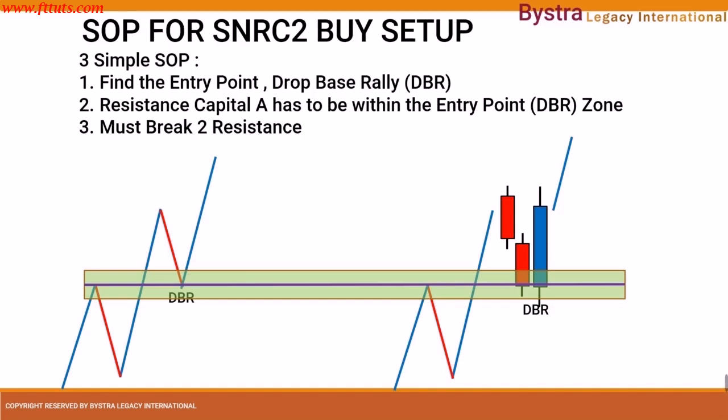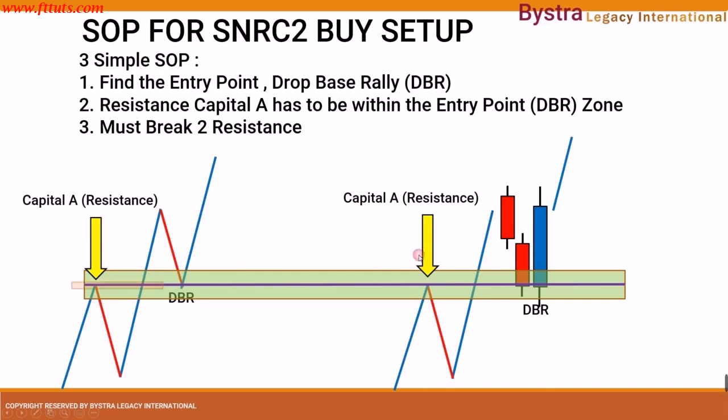The most important part here is that this capital A, or this resistance, must be aligned together with the drop base rally. As you can see, this is aligned together with the drop base rally. Here we can see the capital A, which is the resistance.